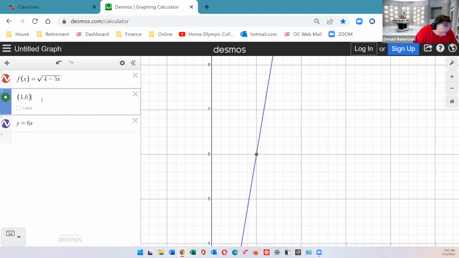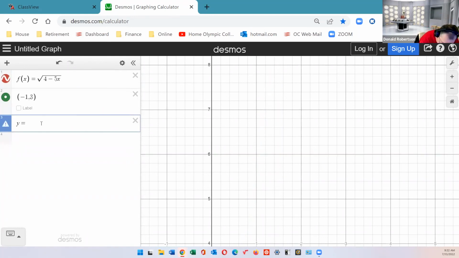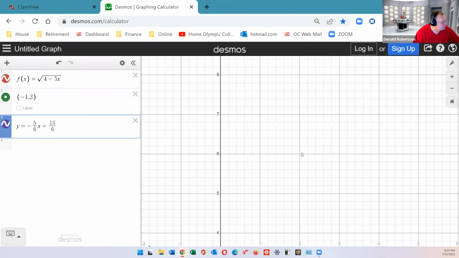The point of interest was negative 1, 3. So I might as well use that guy. Don't worry about the fact you can't see it over there. We'll adjust the window to suit that. Now it's going to be negative 5/6 x plus 13/6.